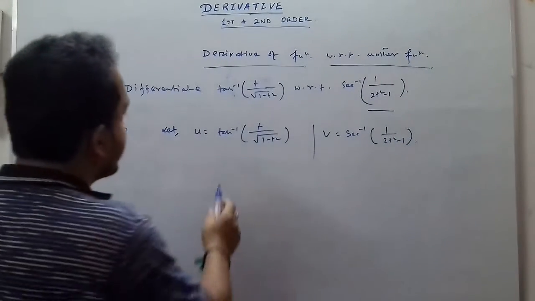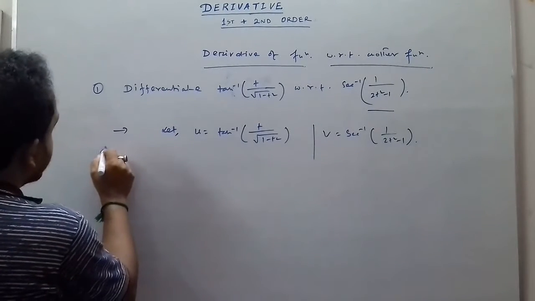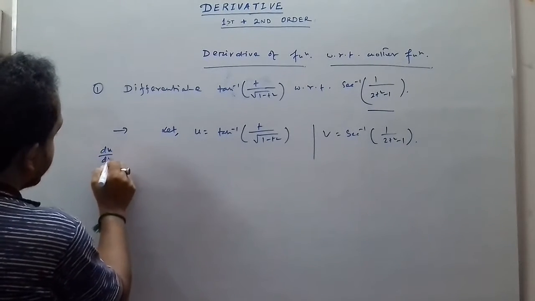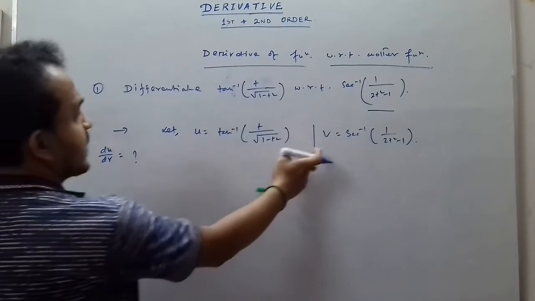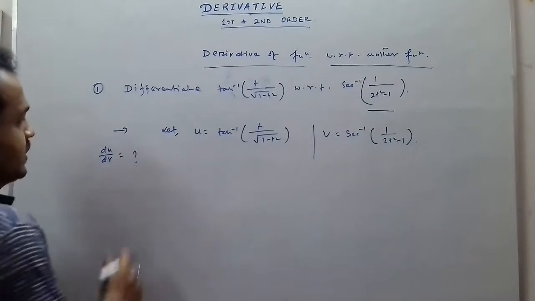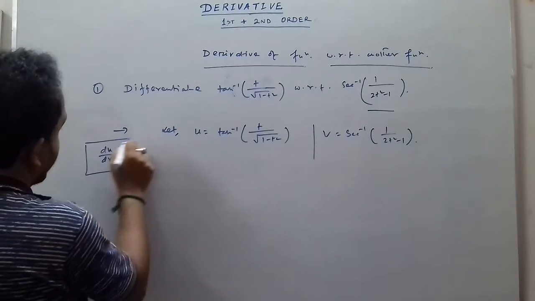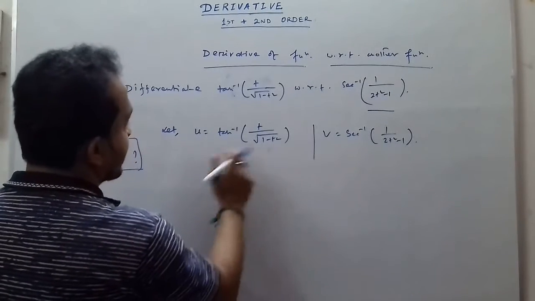Since we have to differentiate u with respect to v, we need to find du/dv. This is our requirement. So first we have to simplify this function.